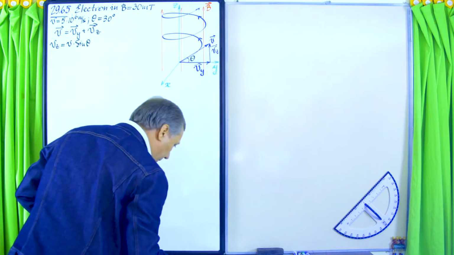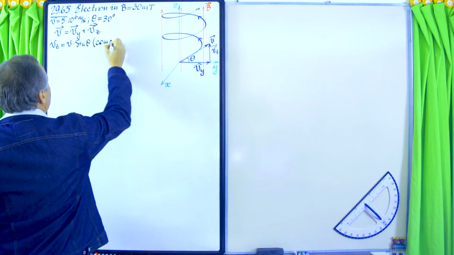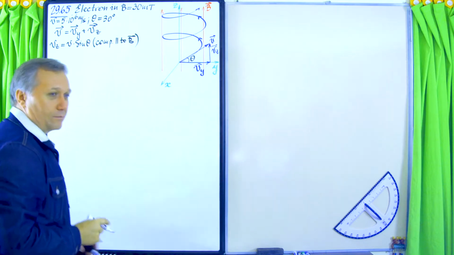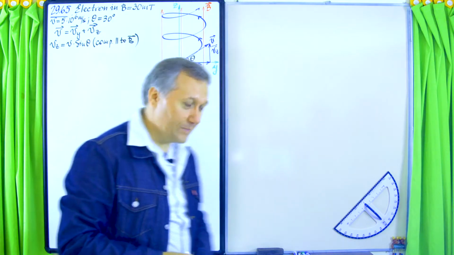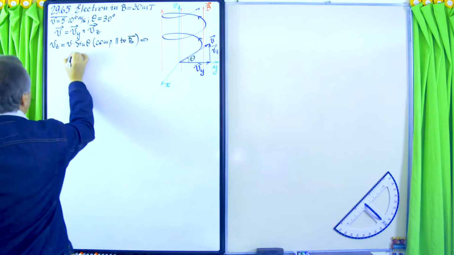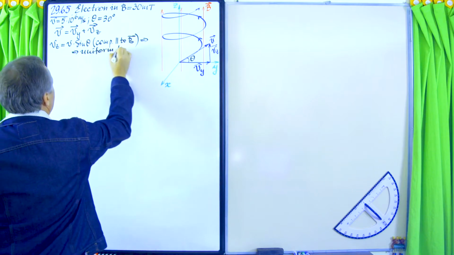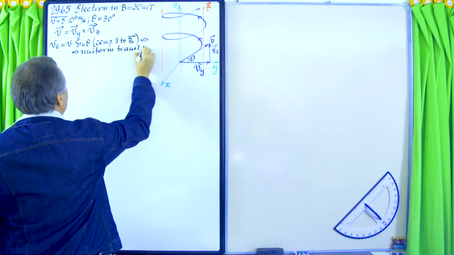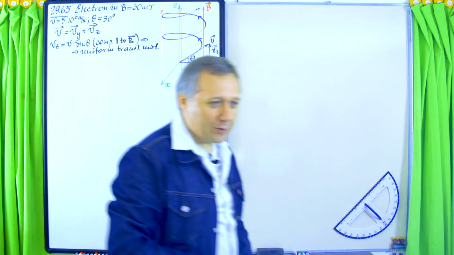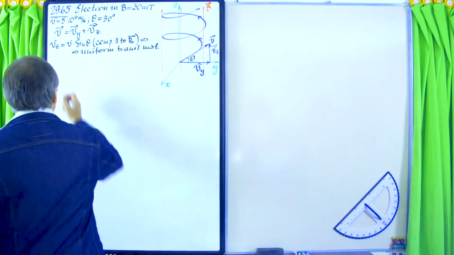It's a component parallel to B, and it gives us a uniform translational motion. It's that boring motion which we know how to describe. It's nothing fancy.